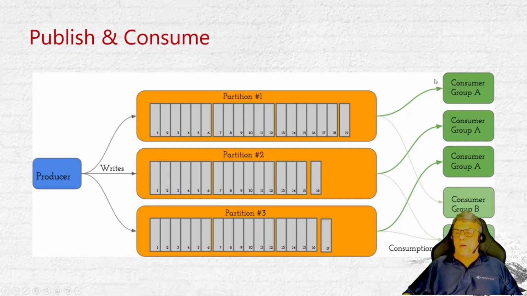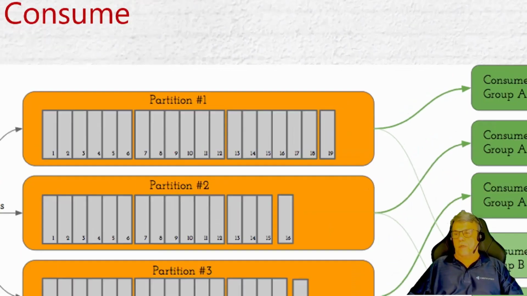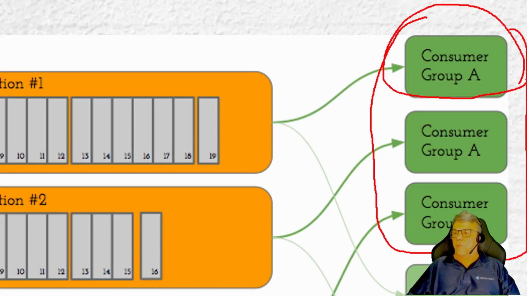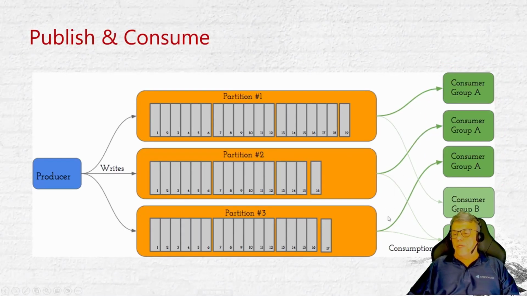To ensure scalability and order, one partition can only be read by one particular consumer within a consumer group. So as you can see here, we have 3 consumers in consumer group A, and they are all reading from different partitions of this topic.